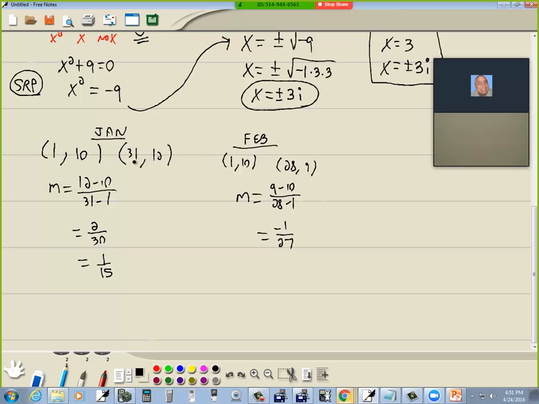Now, assuming I wrote these points down right, these do not have the same slope. And if you got two lines that are different slopes, then even if they met here, they would look like this. So it would never be a straight line.